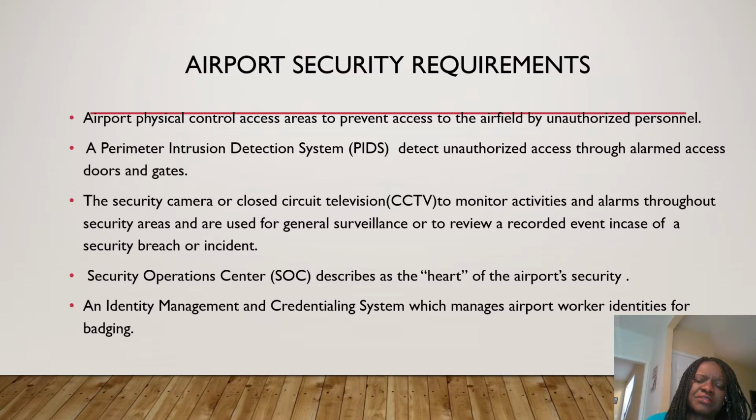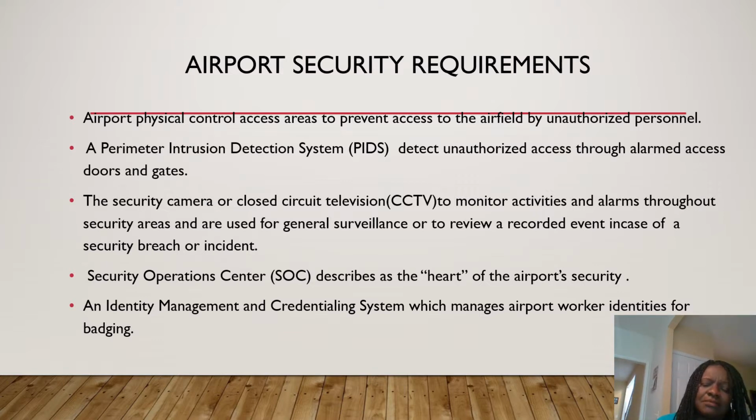More airport security requirements. The airport must have physically controlled access areas to prevent access to the airfield by unauthorized personnel. The doors must be properly secured and only approved persons may pass through. You have a perimeter intrusion detection system. The area, some have fences, some have natural barriers, must be protected.